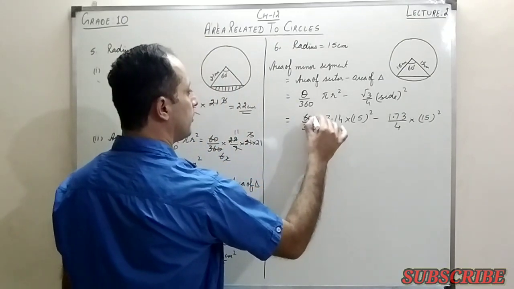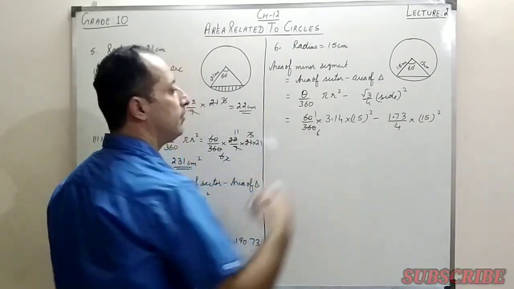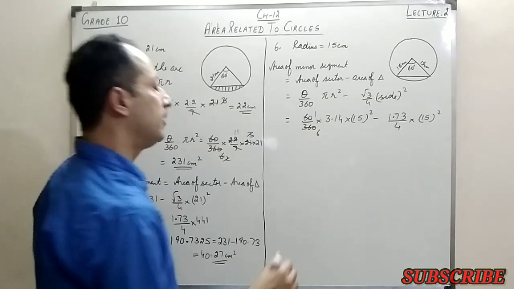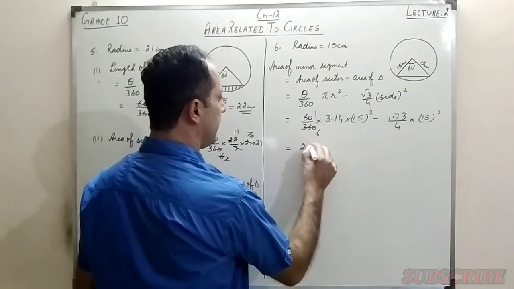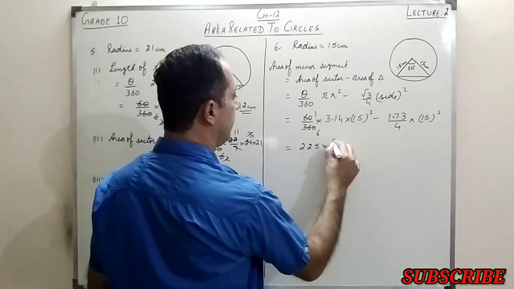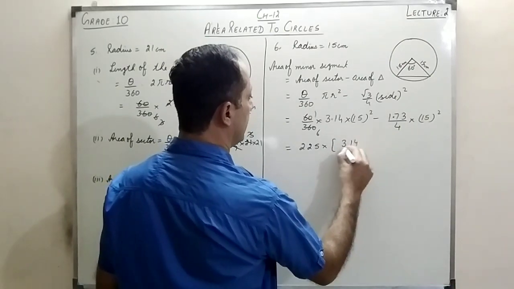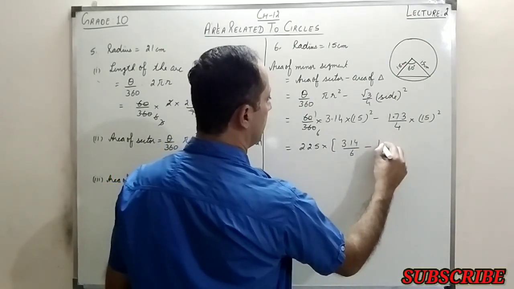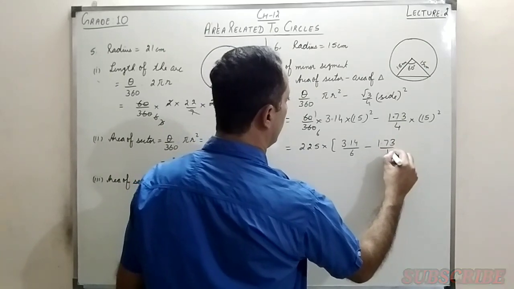Now one more thing, this is 6. Since 15 square is common in both, we can take 225 common, and inside the bracket we have 3.14 upon 6 minus 1.73 upon 4.